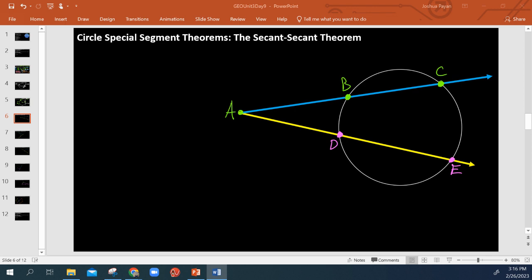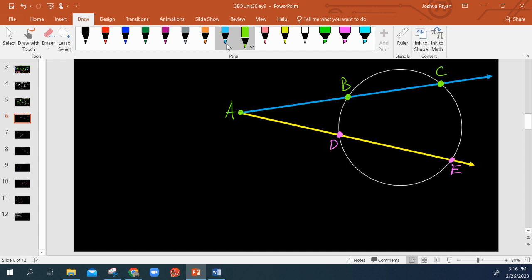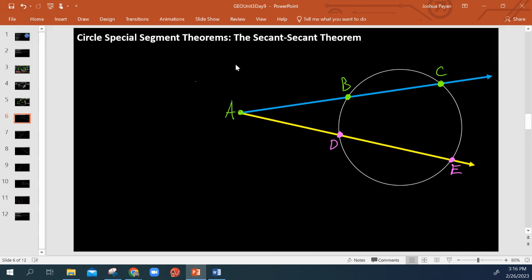So starting with this one right here in front of us, the secant theorem. I'm not going to go through and work examples or anything because these are simple formulas to follow.